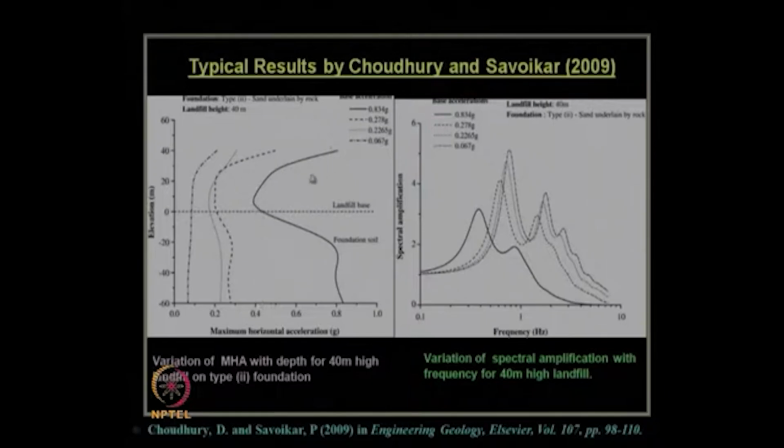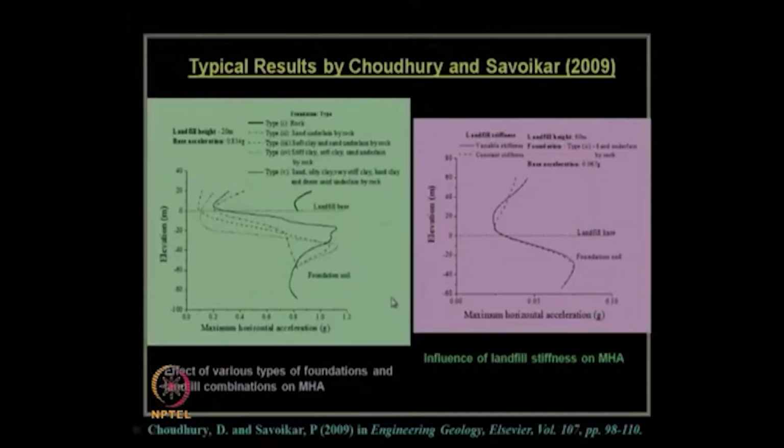And as we have already mentioned, to characterize the municipal solid waste material in terms of its dynamic properties like Vs value, G by G max value and damping ratio value, including the unit weight, they can use our proposed equations and finally obtain the amplification etc., which will further help to design this municipal solid waste landfill seismically in the seismically active region, so that there is no failure.